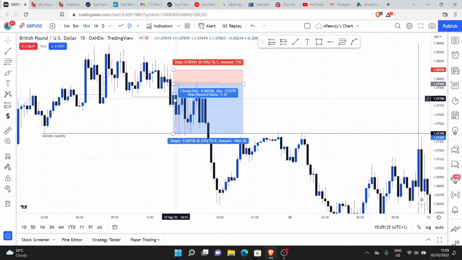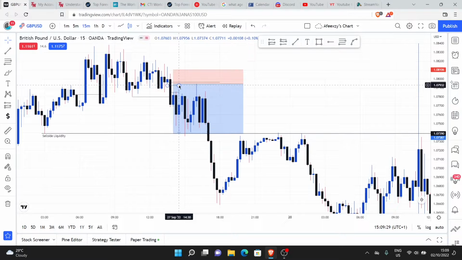Because it didn't trigger us, it was invalidated. For the trade to be very valid, it should have come here to trigger us in here, then come to this side to hit our TP.